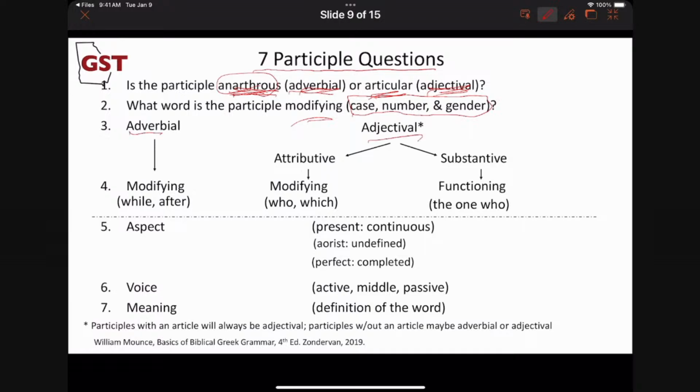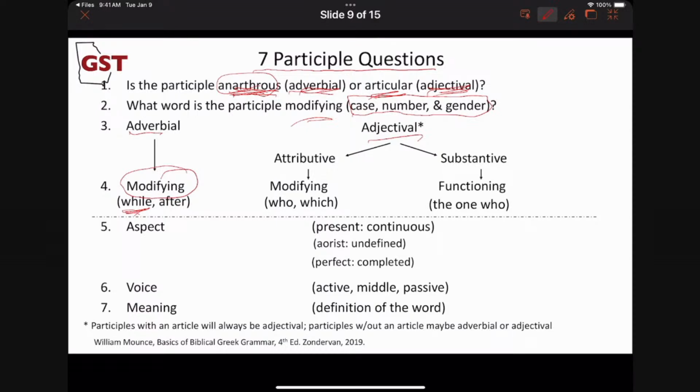Well, if it's adverbial, the fourth question is, what is it modifying? What verb? Where's the main verb? What is it modifying? And how do I translate it? Do I translate it as a present, imperfective, ongoing? So while Jake was reading the answer on the phone, Sam was doing something else.